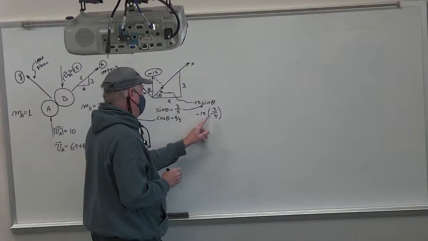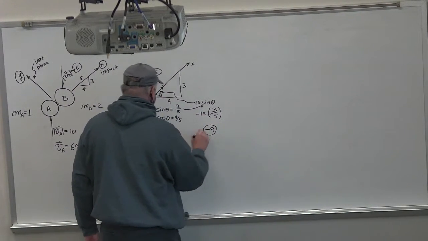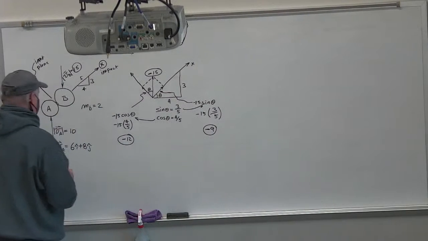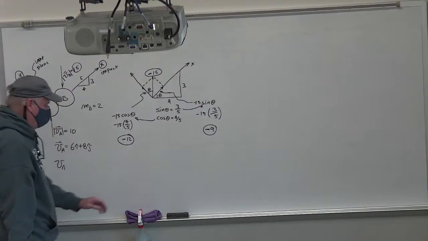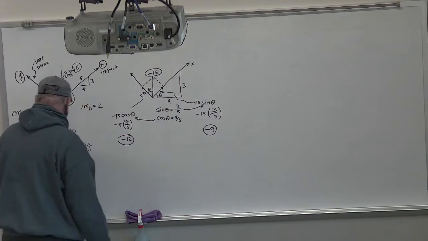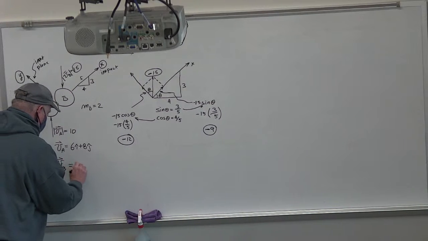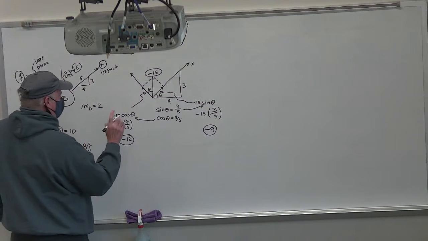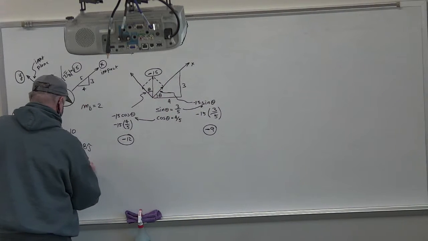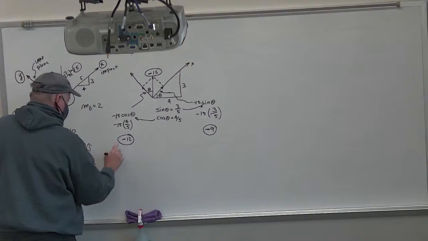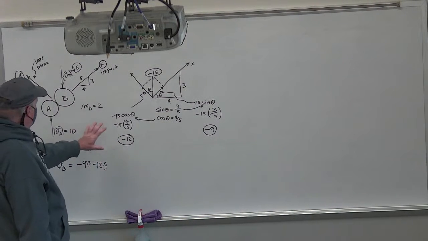This gives me a 3. Minus 3 is a minus 9. So in fact, on this, I can write VB, which is a vector, which is minus, make sure you get this right. The X component comes first. Minus 9i minus 12j.